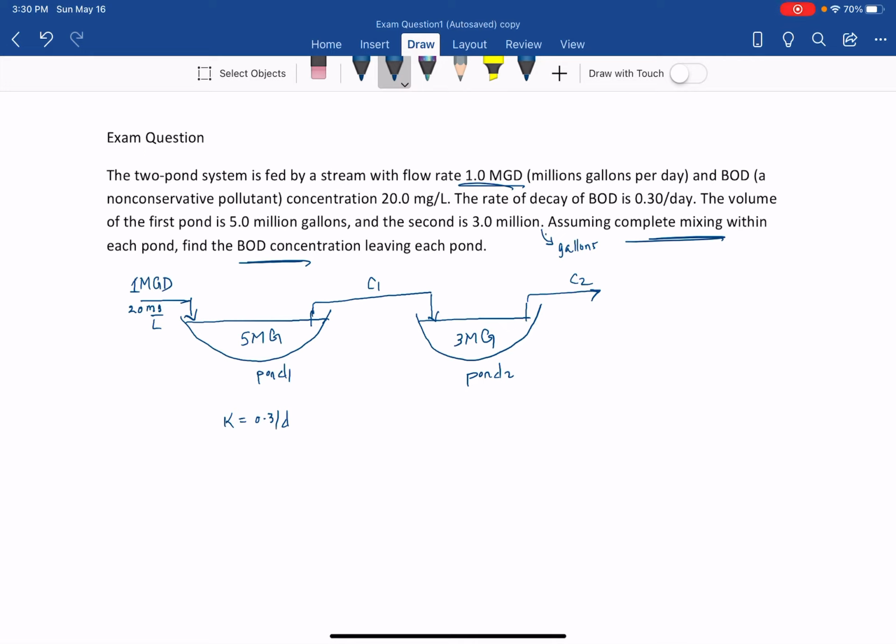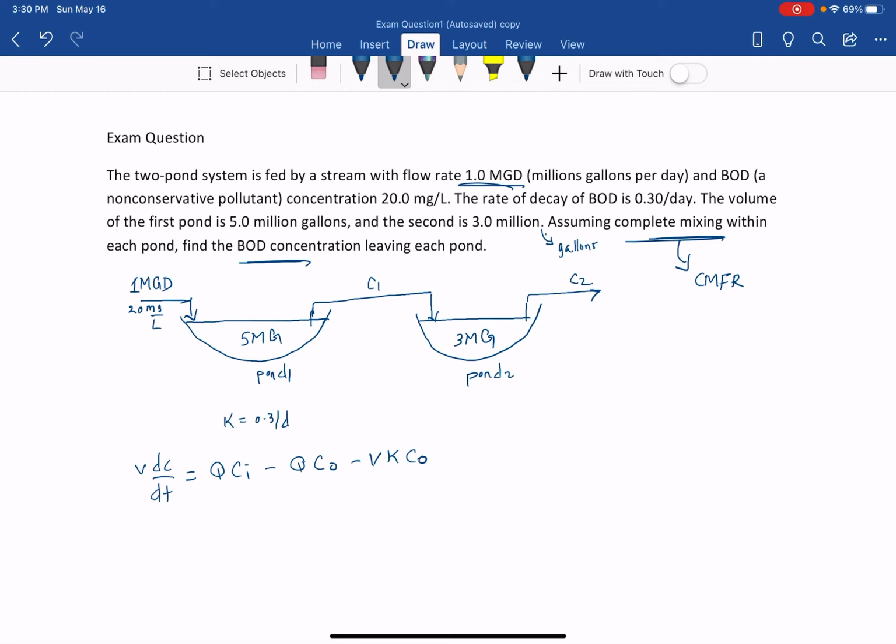Let's look at the equation for the CMFR. This is completely mixed: flow rate in and flow rate out are the same, with complete mixing within. So this is the CMFR design calculation. V dC over dt equals Q C in minus Q C out minus V K C out.